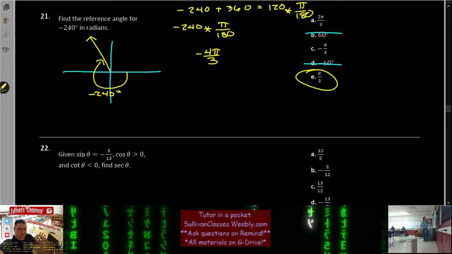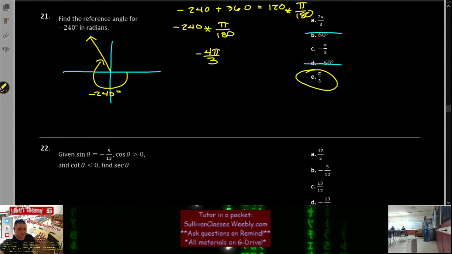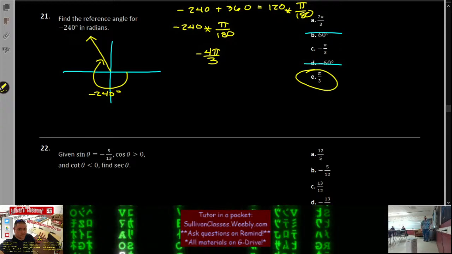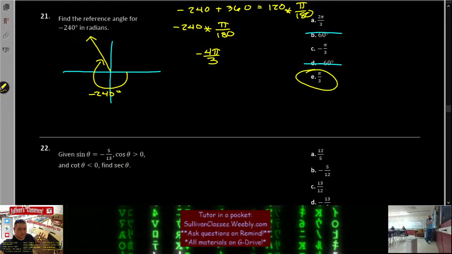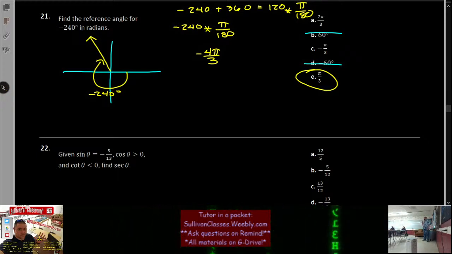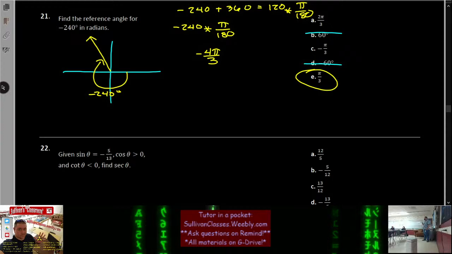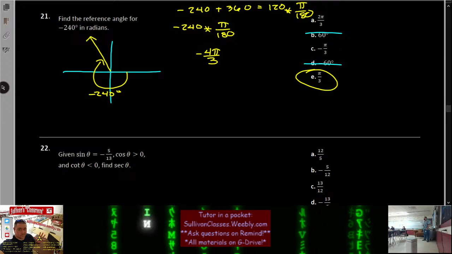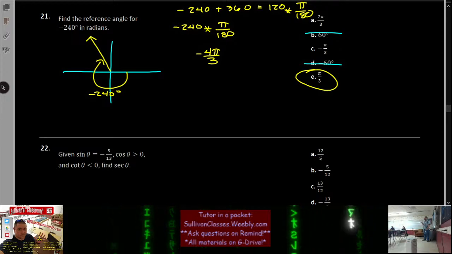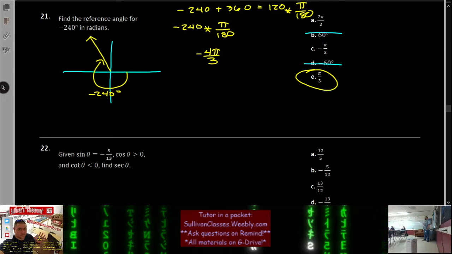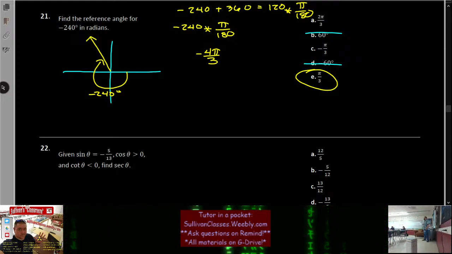Work entirely in degrees and turn your answer into radians at the end, or turn it into radians anywhere along the process. But a note to yourself: a reference angle is always positive, and it's always formed with the x-axis, never the y-axis. To convert it to radians, you multiply by pi over 180.